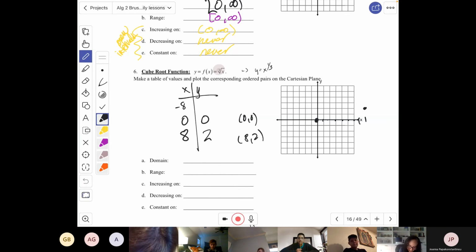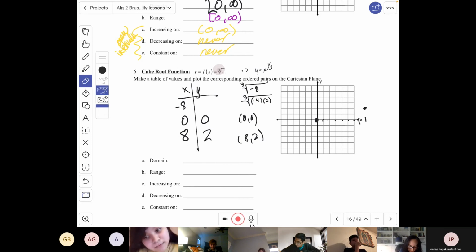Well, guess what? If I were to take the cube root of -8 and start factoring that, that would be -4 times +2. Let's see. Well, what happens if I factor it by taking out the negative?